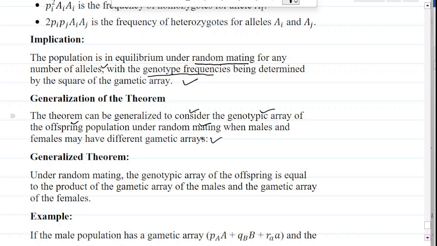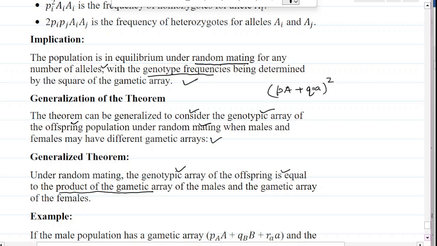So under random mating, the genotypic array of the offspring is equal to the product. In the previous case, suppose pA and qA is my gametic array in the initial generation, so the genotypic array of the offspring can be obtained by just squaring this.